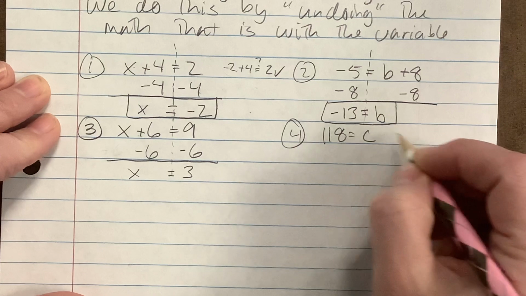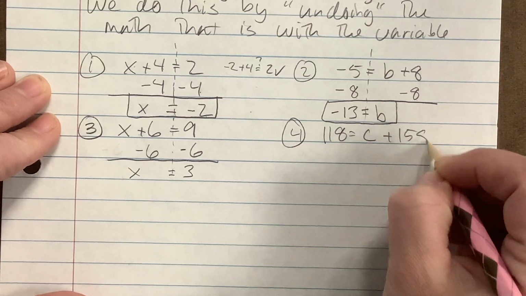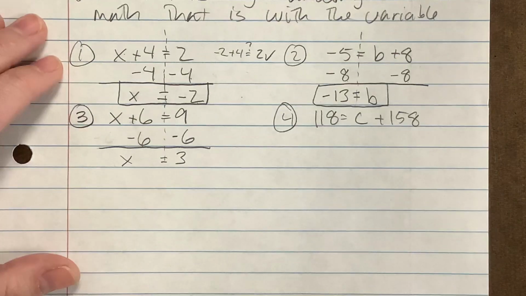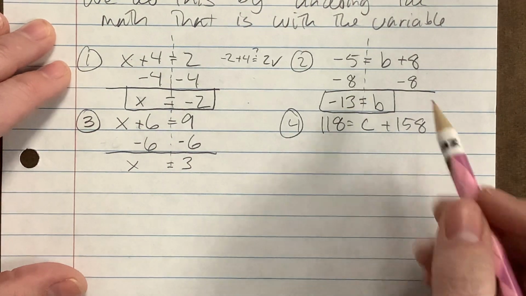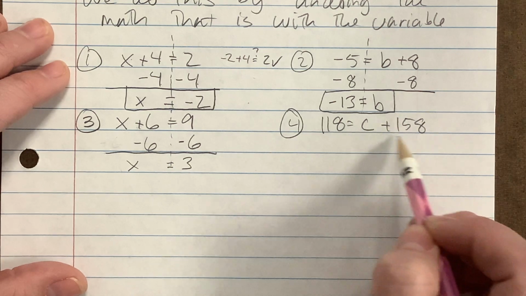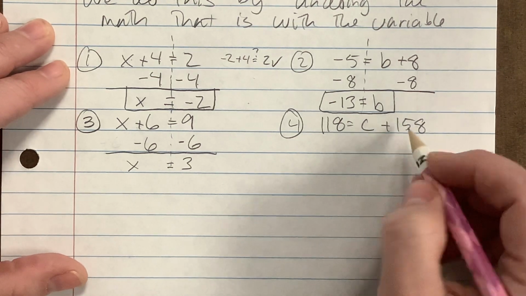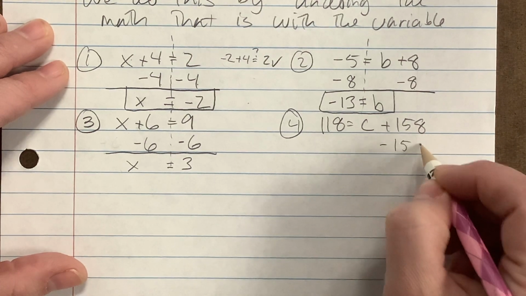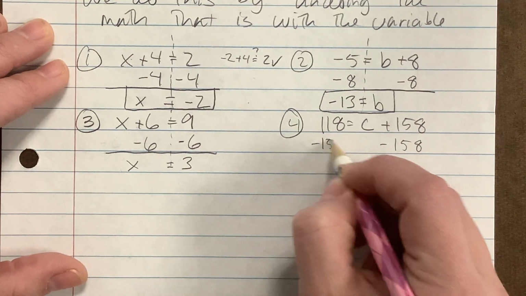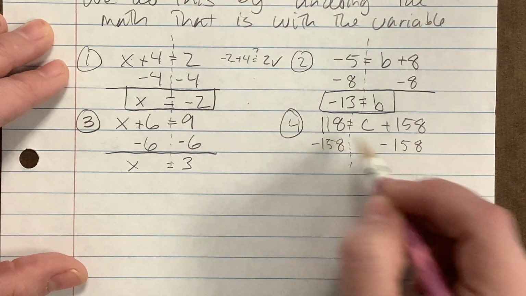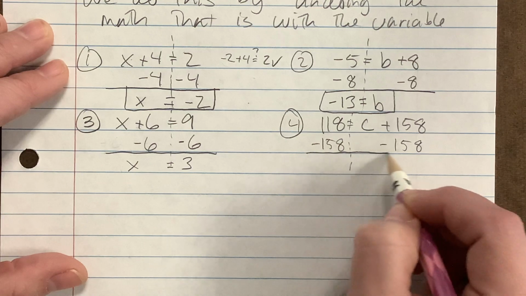Next one, we have some bigger numbers. 118 equals C plus 158. Bigger numbers doesn't matter. We can do it with decimals. We can do it with fractions. It all works. Okay? We want to get our variable by itself. Right now we have a plus 158. So to get rid of that, we're going to minus 158, minus 158. Again, make sure you have one on each side of your equal sign.